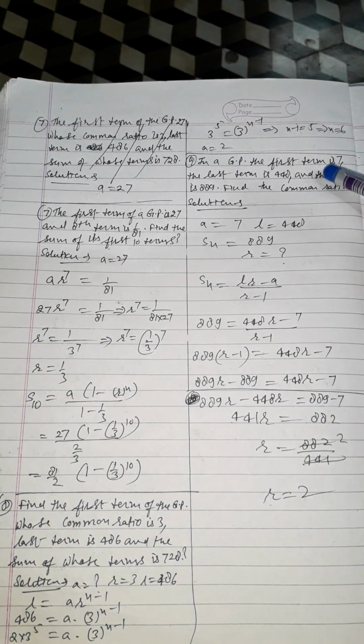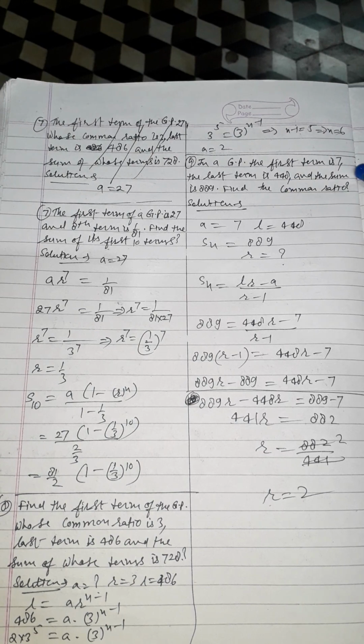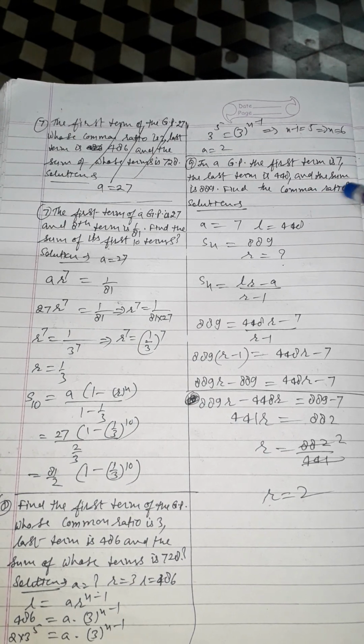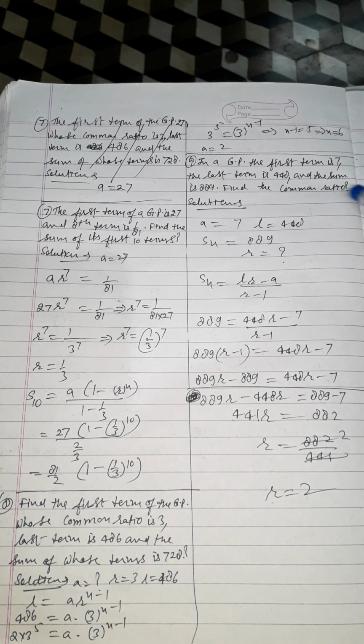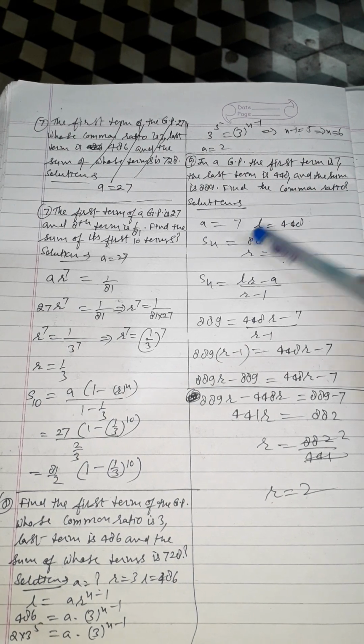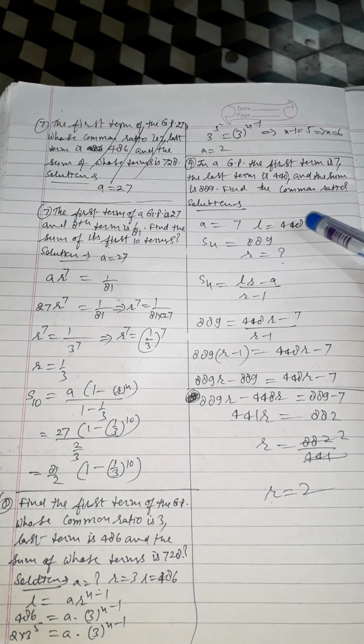9 number sum: in a GP the first term is 7 and the last term is 448 and the sum is 889. Find the common ratio. a is equal to 7, l is equal to 448, Sn is equal to 889.